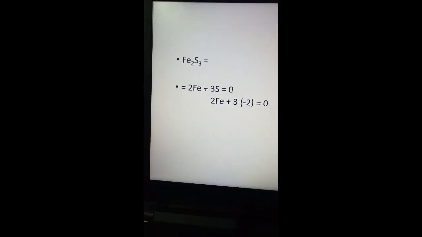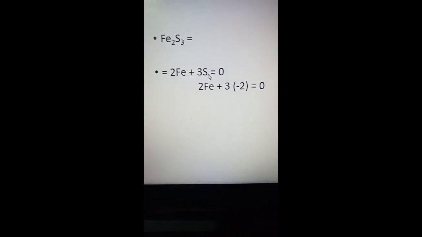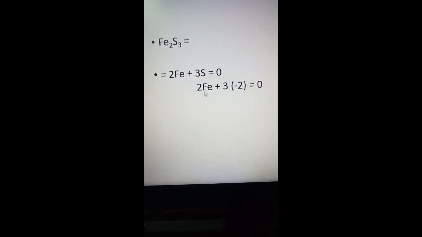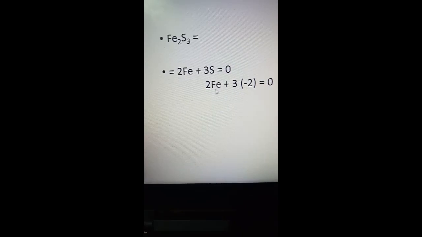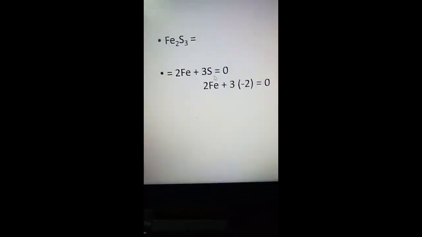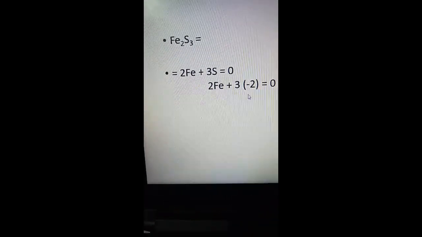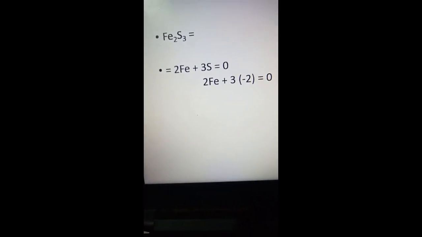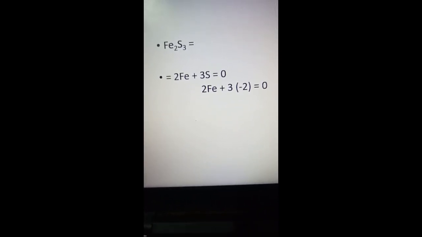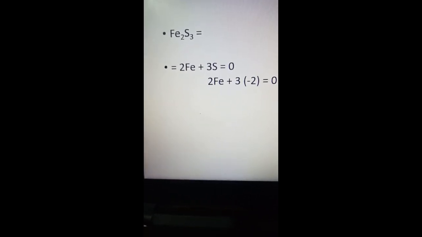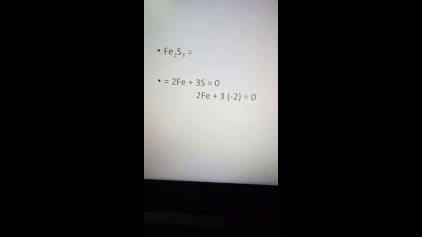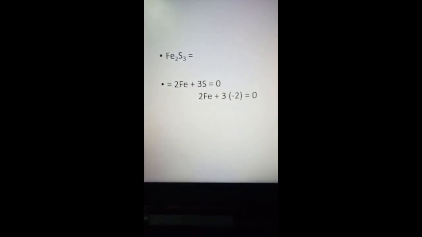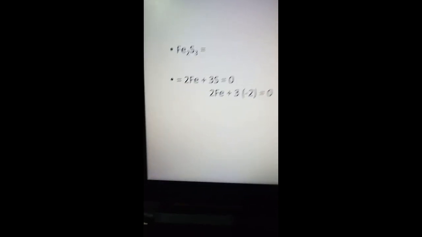To get this, we need to first multiply sulfur's charge by 3. Since sulfur has a charge of -2, we multiply 3 with -2.